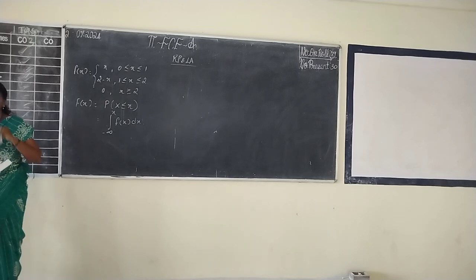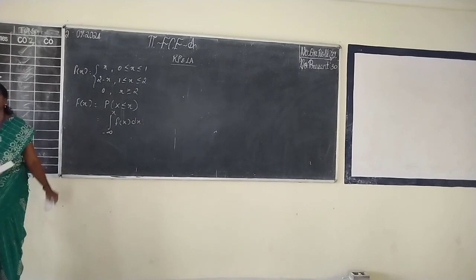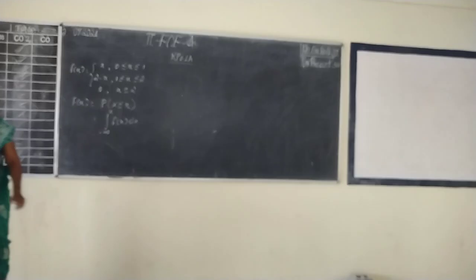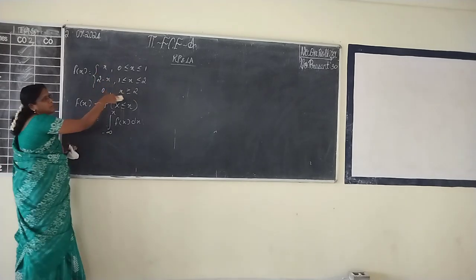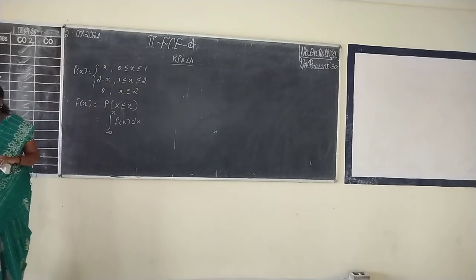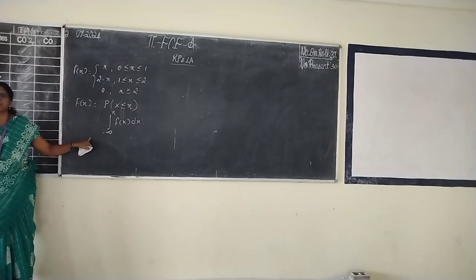How will we take it now? What f of x will we substitute? X? Why not 2 minus x, or why not 0? Total probability should be 1. So if I add all these three functions, it should be 1. But we are trying to find the distribution function.